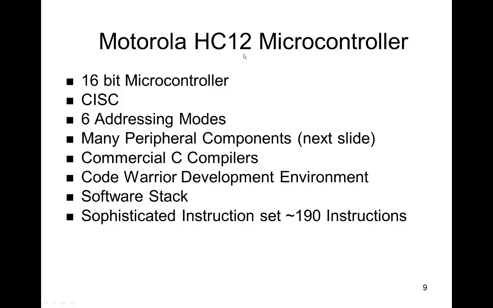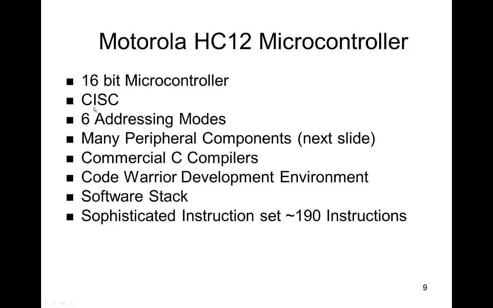So the HC12 is a 16-bit microcontroller. It had a complex instruction set. If you don't remember what that means, a complex instruction set is an instruction set with assembly instructions that do relatively complex operations, for instance, a string compare operation.